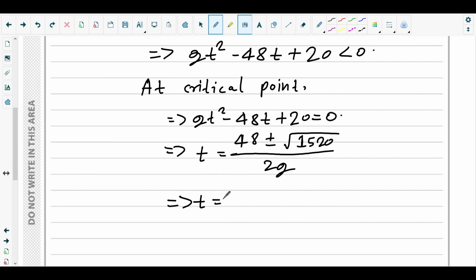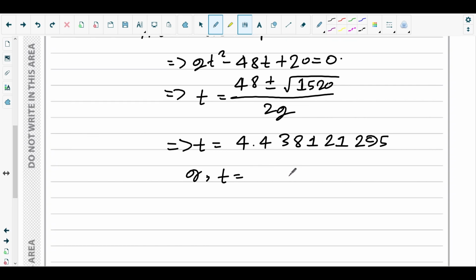So the two possible values for t are 48 plus the square root of 1520 over 2 times 9.8, so one critical value is t equals 4.438121295, or t equals 48 minus the square root of 1520 over 2 times 9.8, which is 0.459837. So we got the critical values.